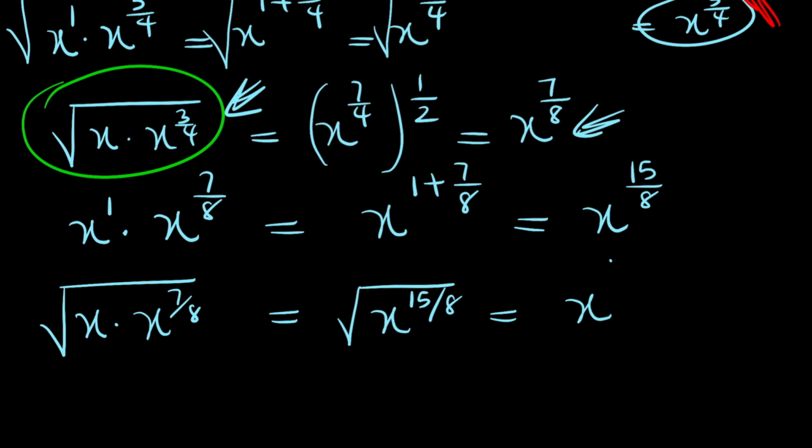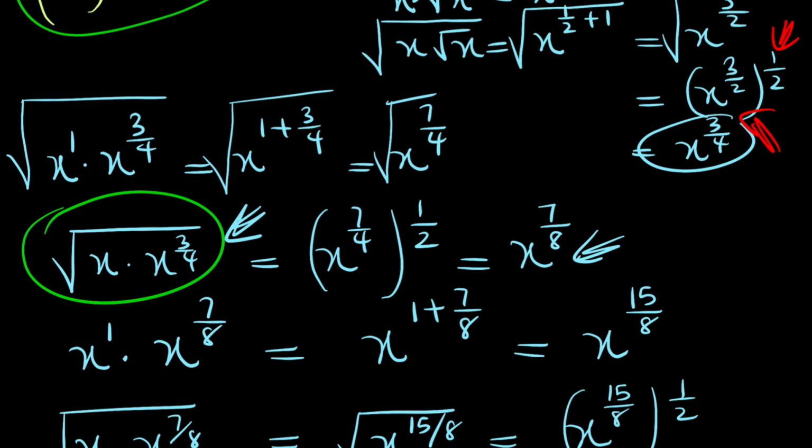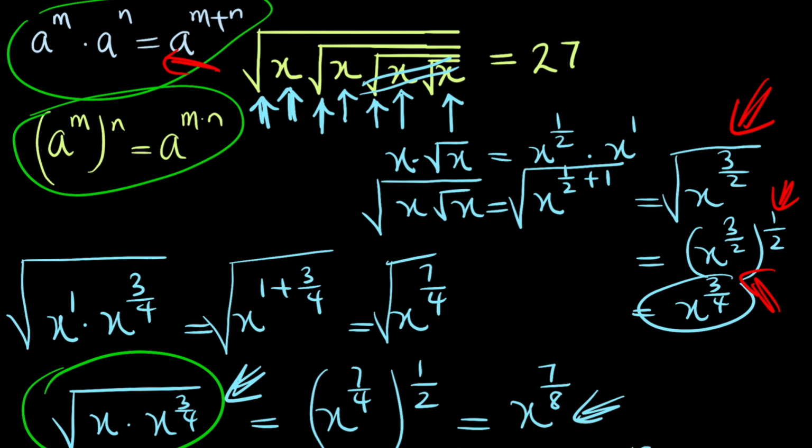So we say 15 over 8, then raised to power 1 over 2. Opening up the bracket, we have x raised to power 15 over 16. And that's the end of everything on the left hand side, which is the radical.